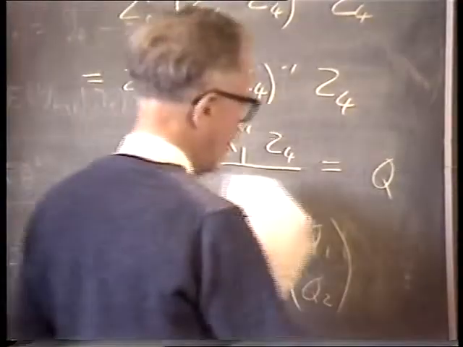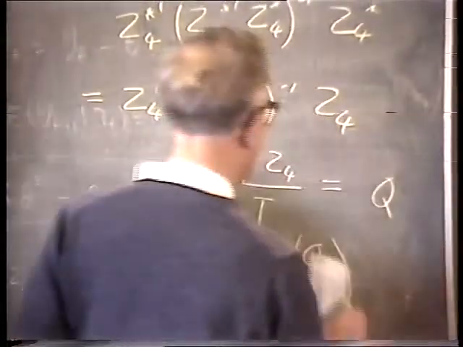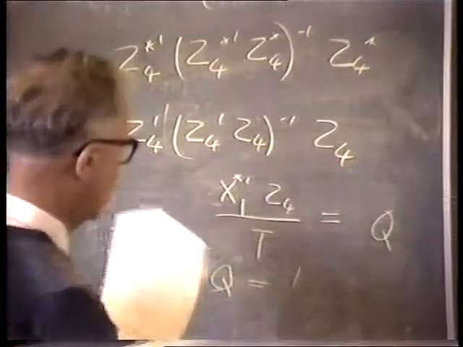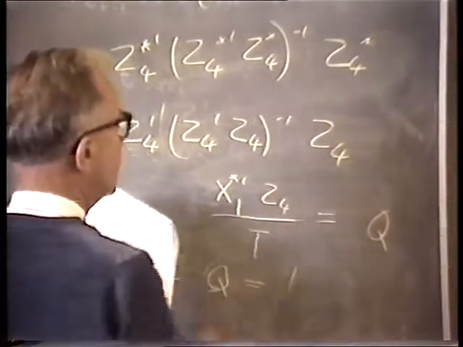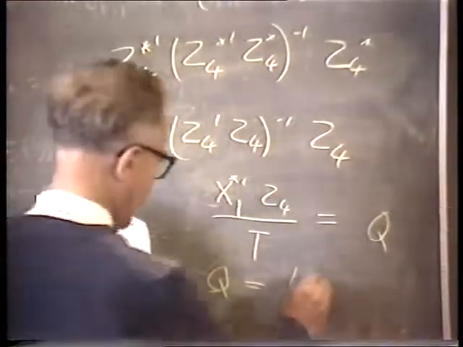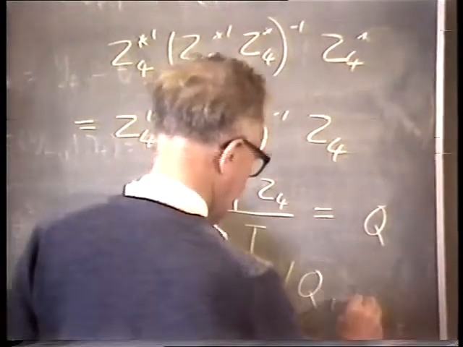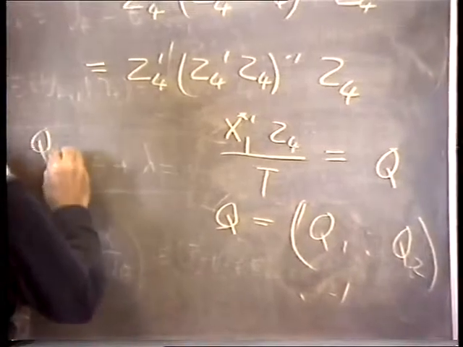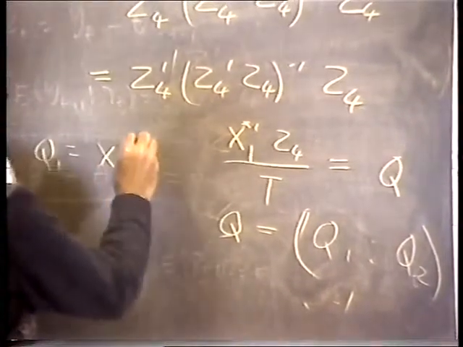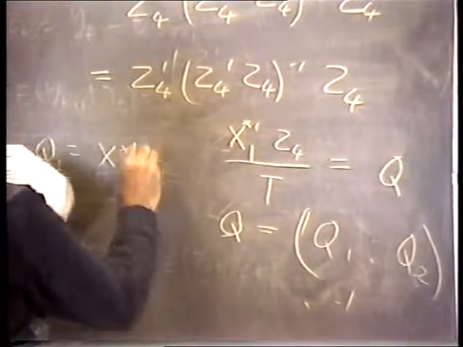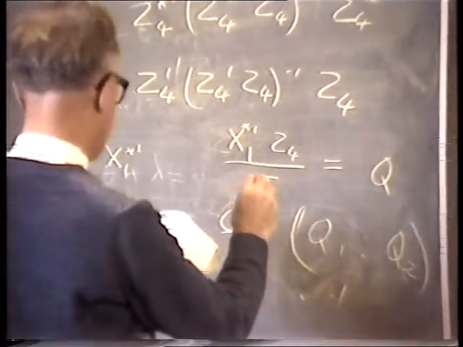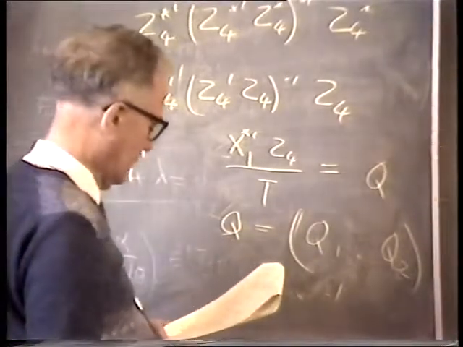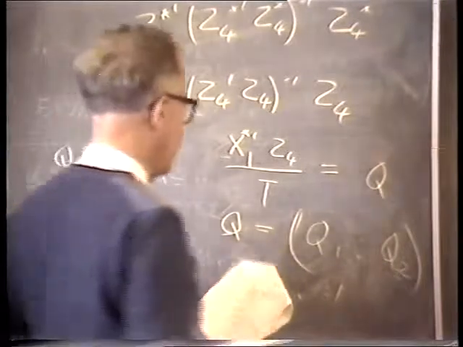No, I'm sorry. I'm missing out some details here, but of course what I want to do is to split Z4 up into Z1, Z2, and so write this in the form Q1, Q2. Yes, I was right first time.